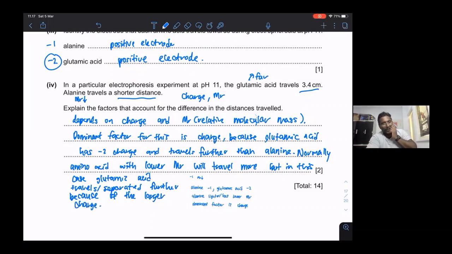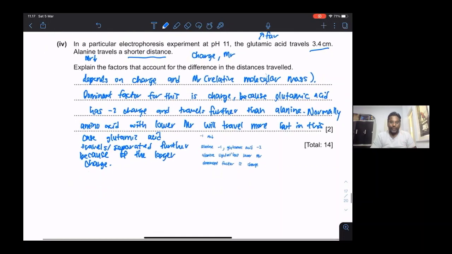Okay. If you want to include that they are going to the positive electrode, you can include, but I think they already know over here. Yeah. So that's going to be the answer for this.